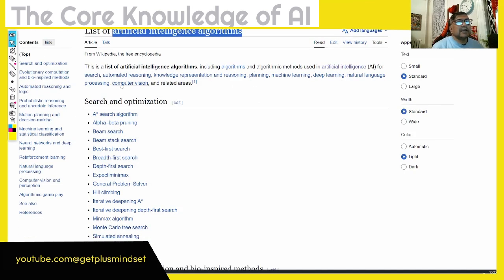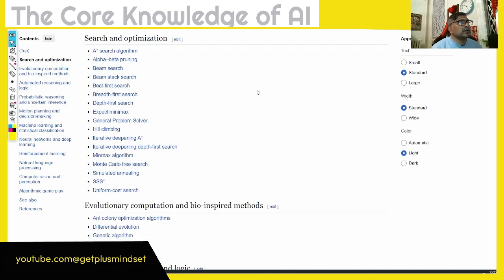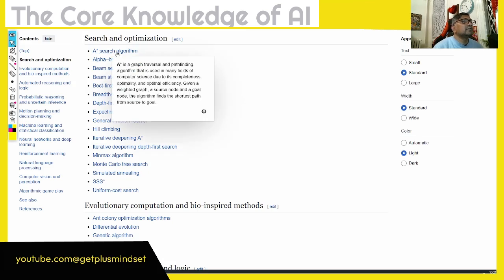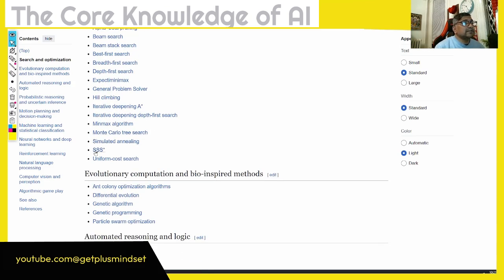All these areas are developing very fast because the power of computers has increased. Earlier those theories were established by humans, but because of low-power computers, they were not practical. So A star theory, these are search and optimization related, because with fast search we can get a better solution fast, right? So there are such search theories.